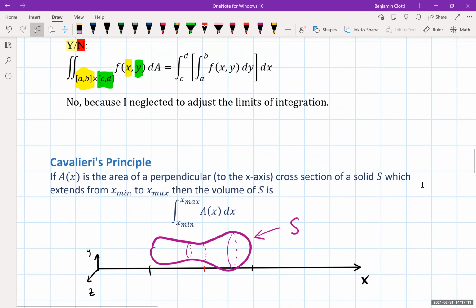So let me ask the class, can I see a show of yeses or nos for people that remember having learned Cavalieri's principle? Say yes if this is familiar, say no if it's not familiar.